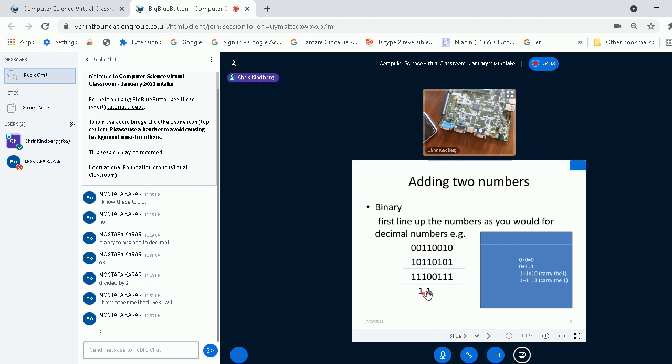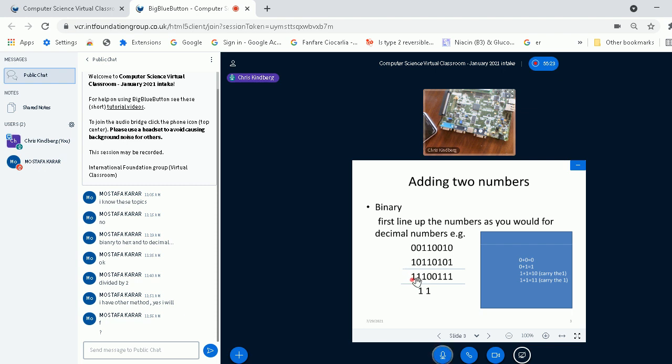So 0 and 0 is 0. 1 and 1 is 0, carry 1. Then 1 and 1 added to the carry 1 is 1, carry 1.